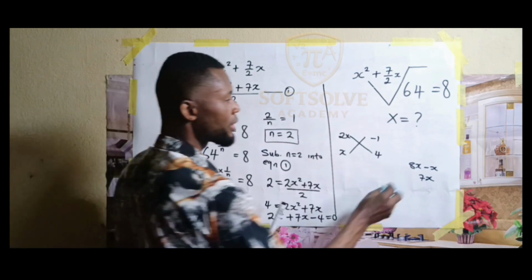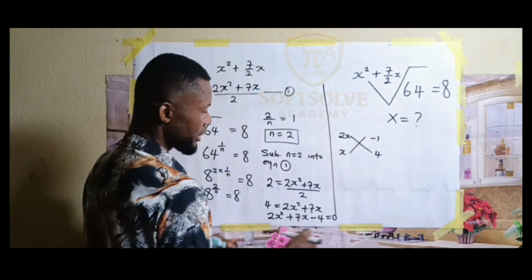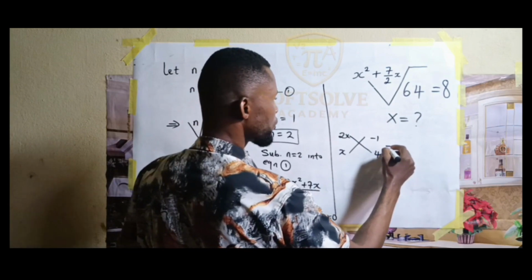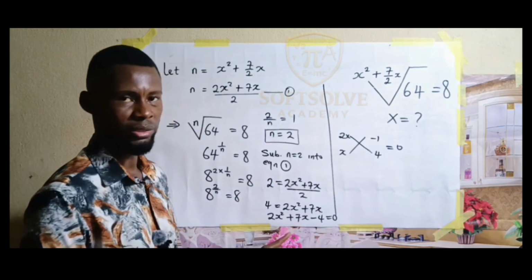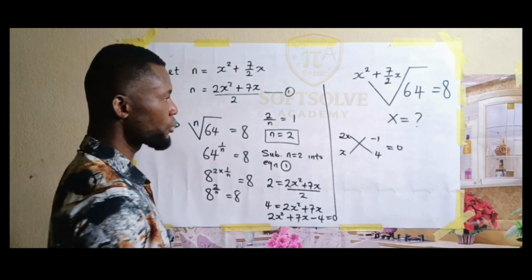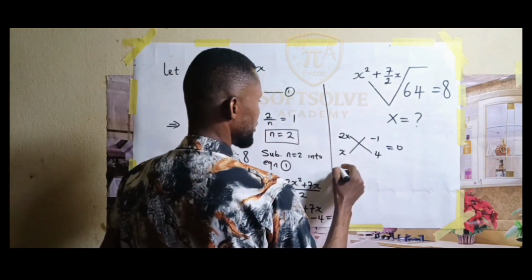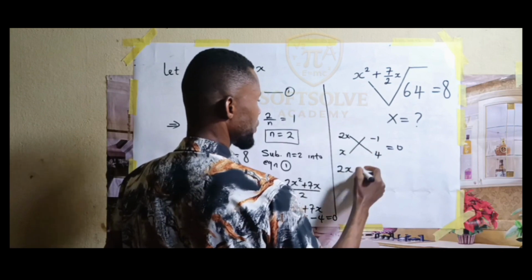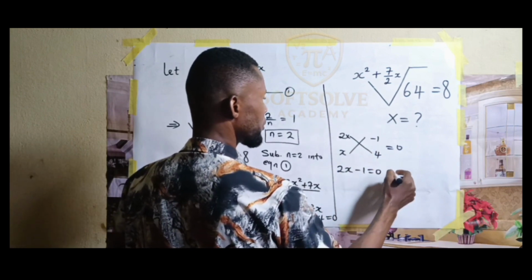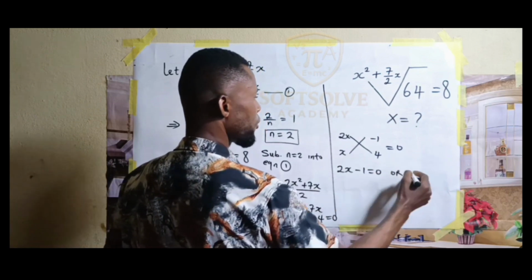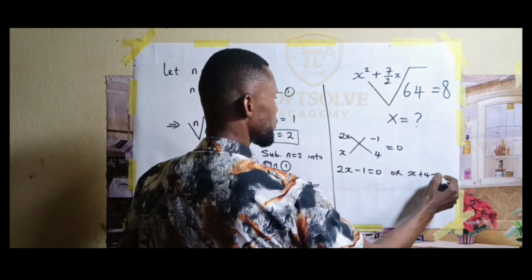Okay, so when this is achieved, we can say that this whole thing should be equal to 0 because this is an equation, not an expression. So when we do that, we can easily say that 2x minus 1 is equal to 0, or x plus 4 is equal to 0.